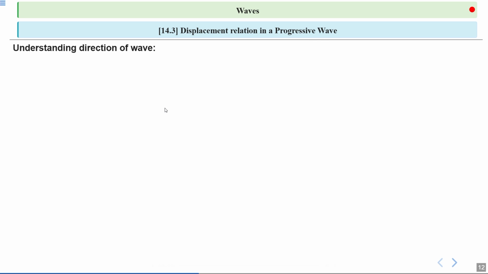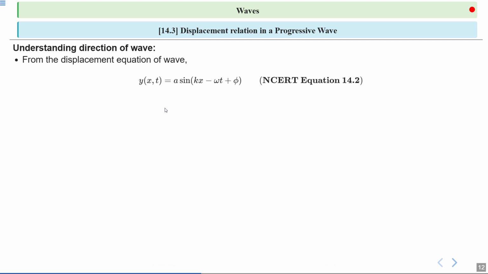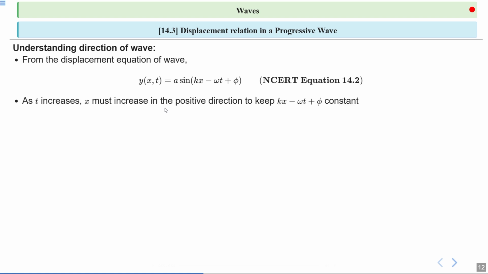Now let's understand how to determine the direction in which a wave travels. So from the displacement equation of a wave, y(x,t) is equal to A sin(kx minus omega t plus phi), as t increases, x must increase in the positive direction to keep kx minus omega t plus phi constant.